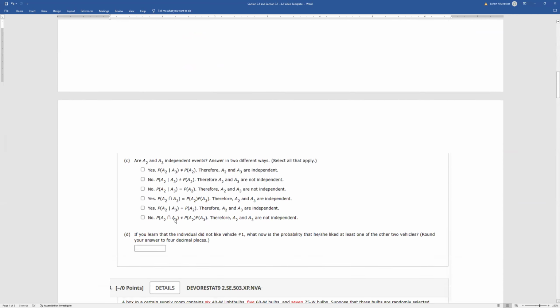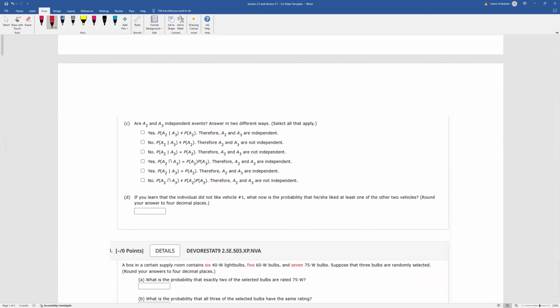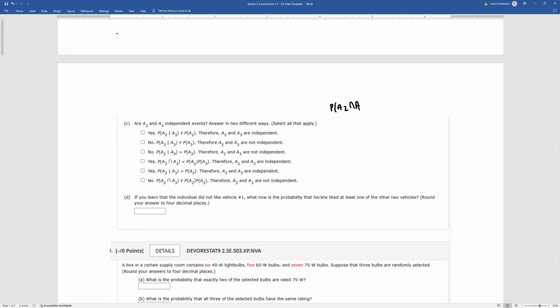All right, we're still on part C for this. Are A2 and A3 independent events? So there are 2 ways you can check for independence. You can check for the intersection to be split into the individual multiplications. So probability of A2 times probability of A3. If that's true, we have independence.